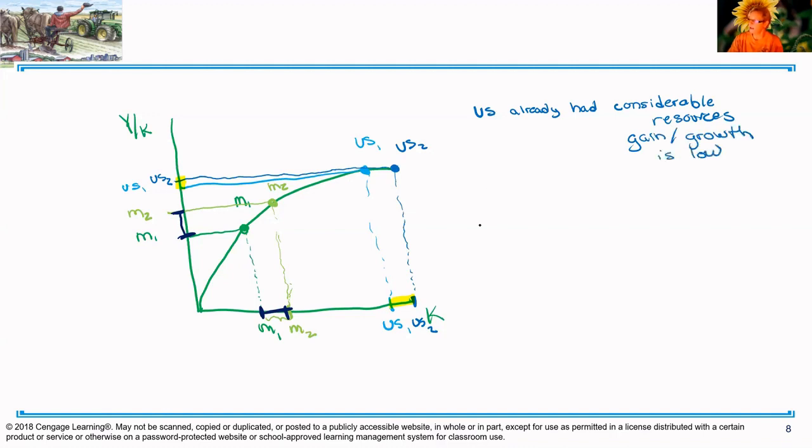Whereas Mali had few resources, so the gain that they get is quite large. So it kind of depends on where you start from. And that's the idea of the catch-up effect.